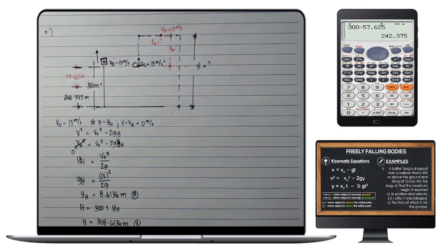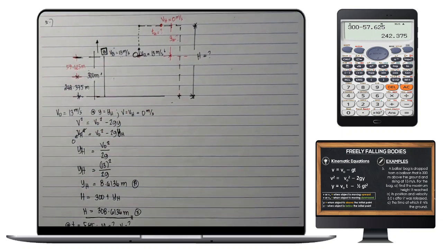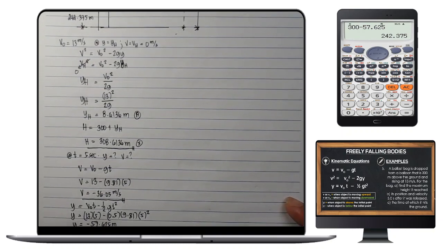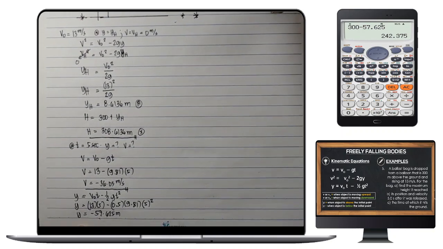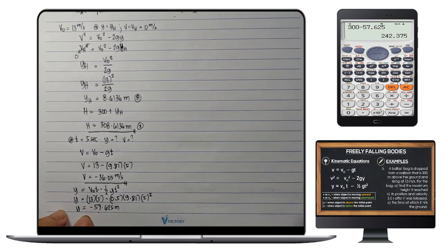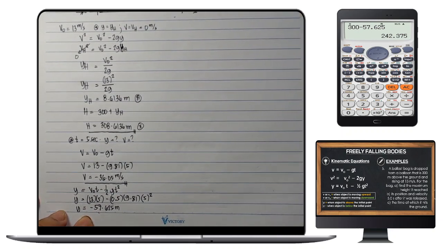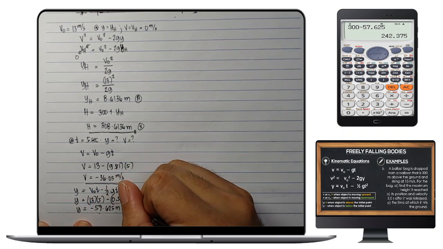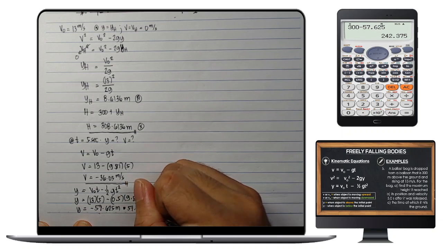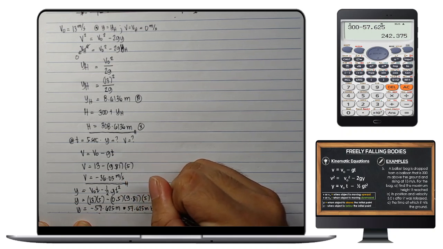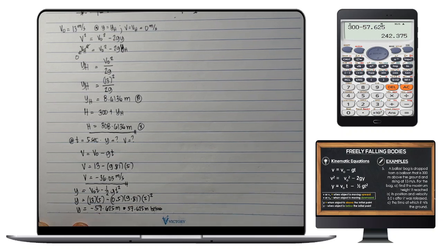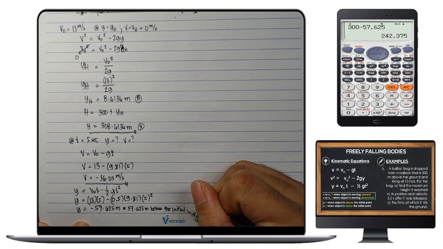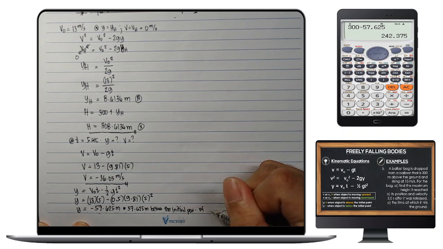So, here is your 242.375 meters. So, with that, we can say that after 5 seconds, you can say, so yung y natin is negative 57.625. So, we can say, this is 57.625 meters below the initial position of the balloon.